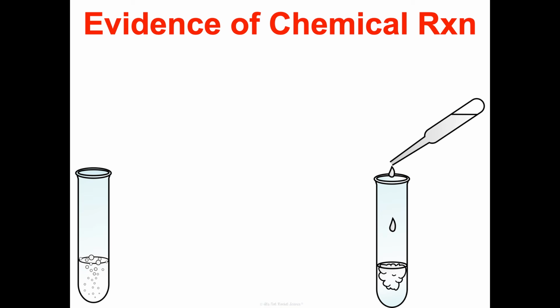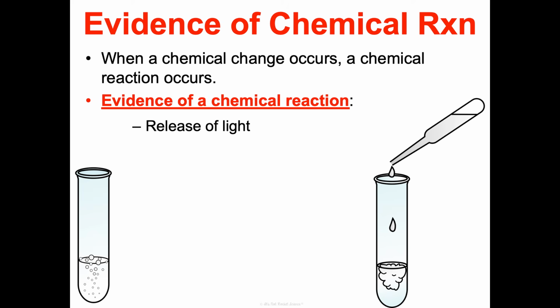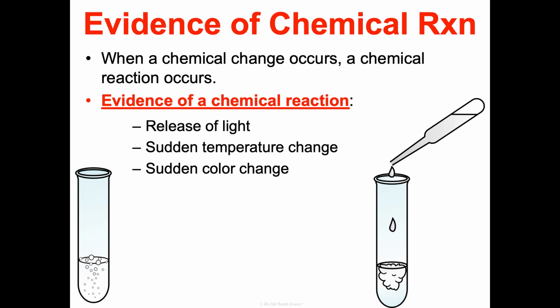Okay, and a couple of ways that you can tell if a chemical reaction happened, to help you know was this a chemical change or a physical change, is you can look for a few things. You can look for a sudden release of light, a sudden change in temperature, a sudden color change, a sudden odor change. If an odor starts being given off, that can often be a sign of a new substance being formed, and thus a chemical reaction or chemical change.